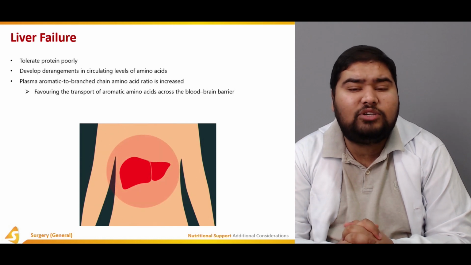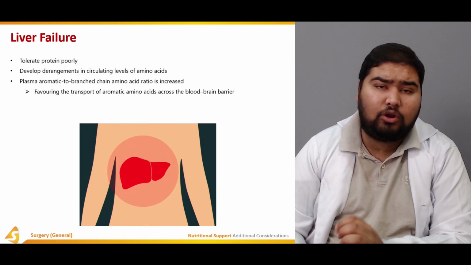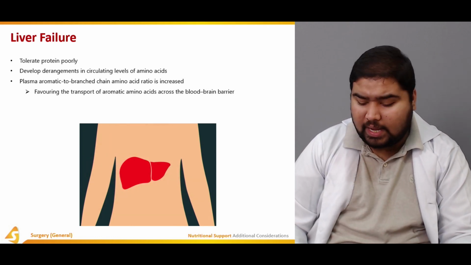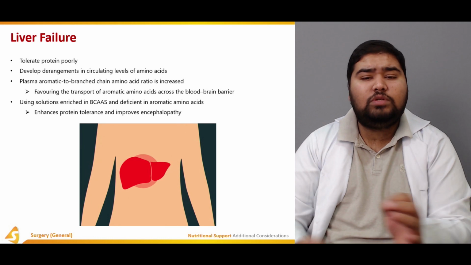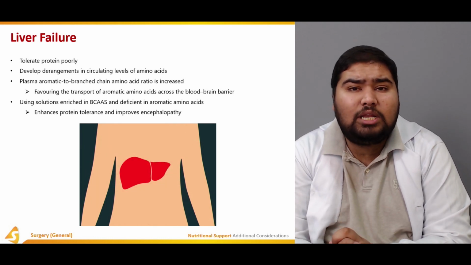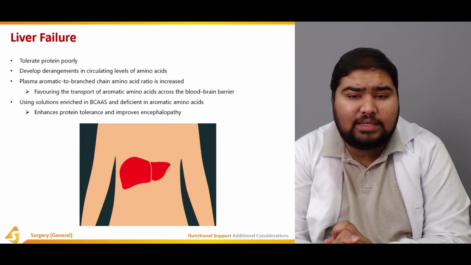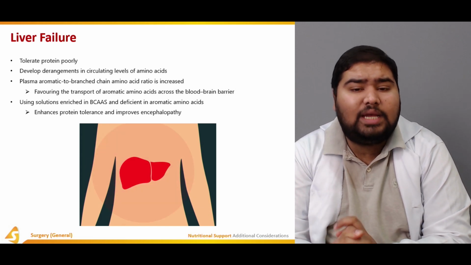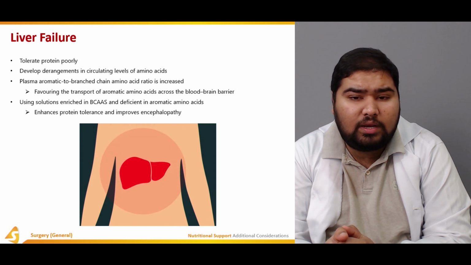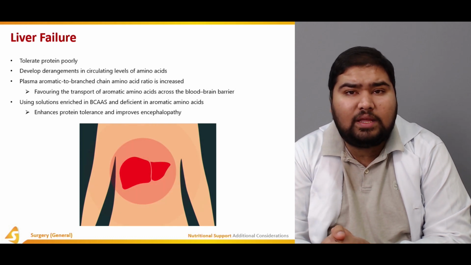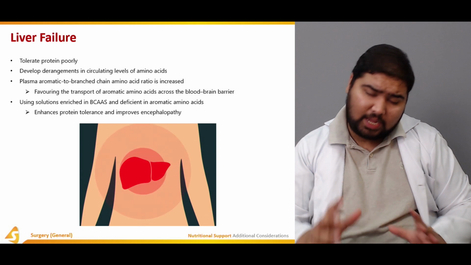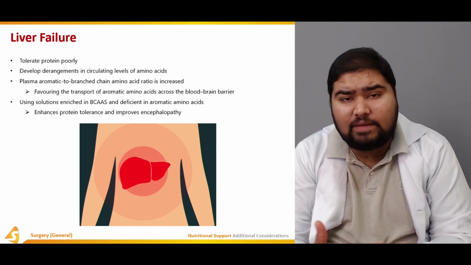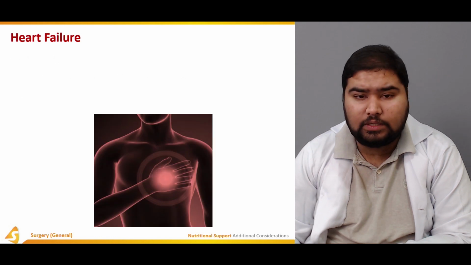This favors the transport of amino acids across the blood-brain barrier and causes worsening of the encephalopathy. So using solutions which are enriched in branched-chain amino acids and deficient in aromatic amino acids enhances the protein tolerance and improves the encephalopathy. But it's a complicated scenario, and always a nutritionist and a senior physician should be involved.